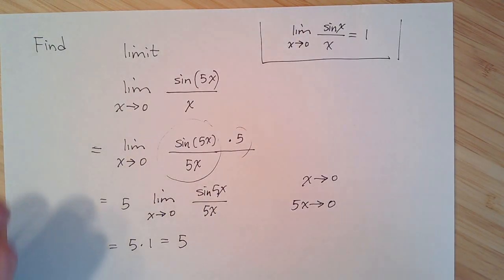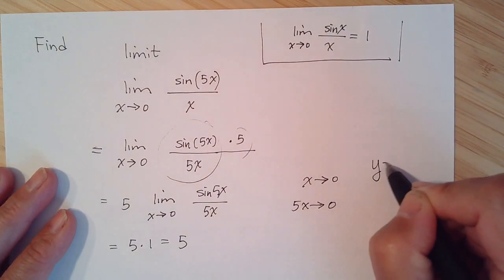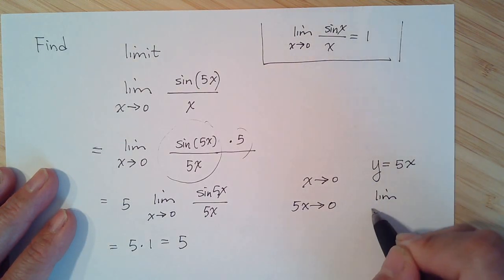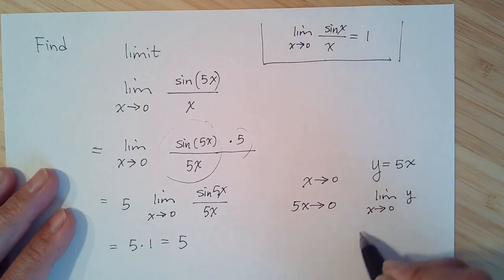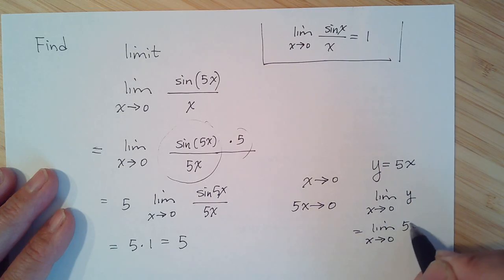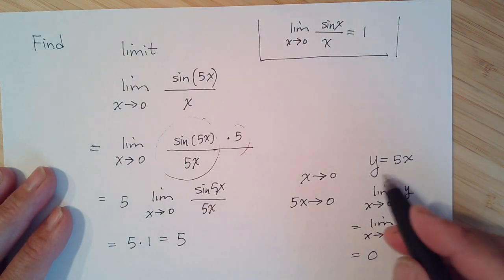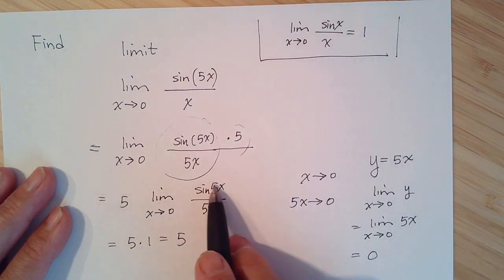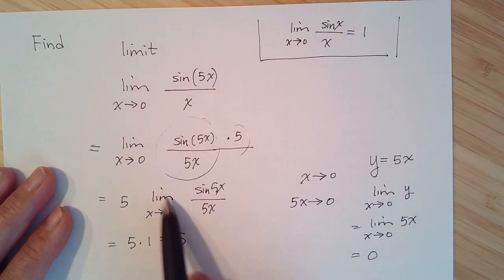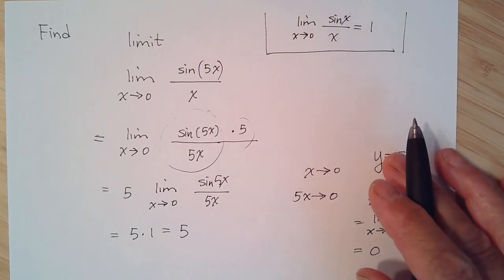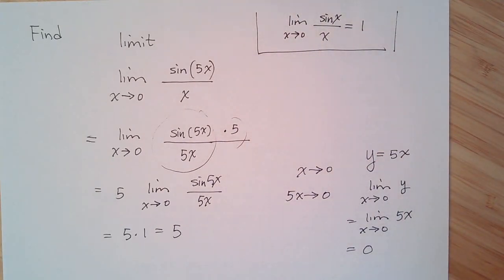Or if you like, you can do one more step. You can write y equals 5x. When x approaches 0, the limit of y, which is the limit of 5x, is also 0. So you can substitute y here, with y approaching 0. You can do the same thing, but this is how you use it.